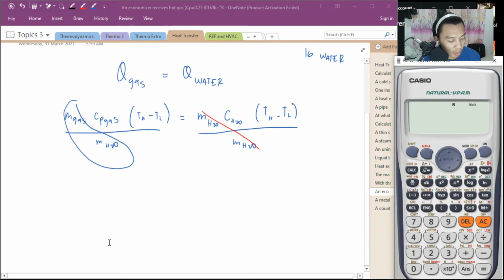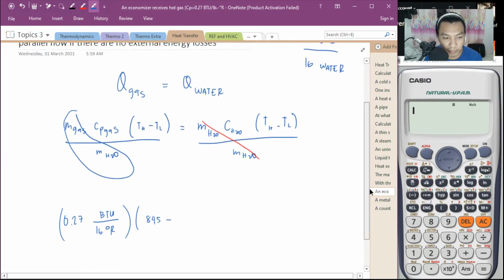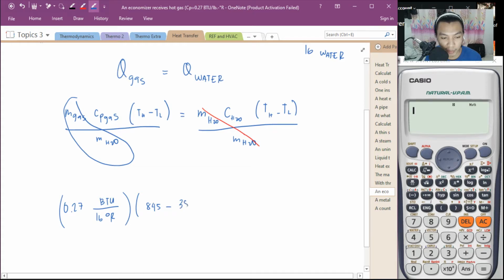So, for solving, yung CP ng gas is 0.27 BTU per pound degree Rankine. Okay? And then the T high is 845 minus leaves. Ayan o, leaves at 352. Sa hot gas daw yan. Degrees Rankine equal to CP ng H2O.